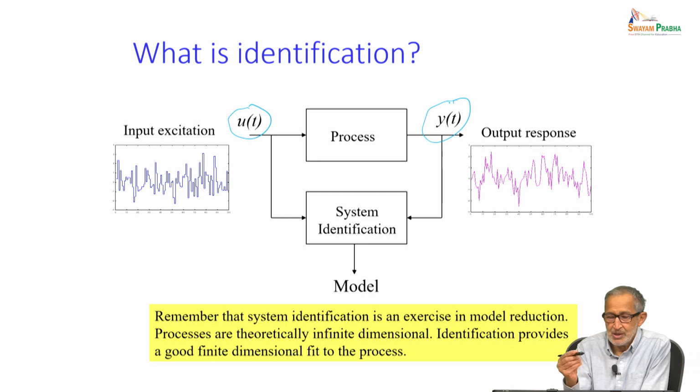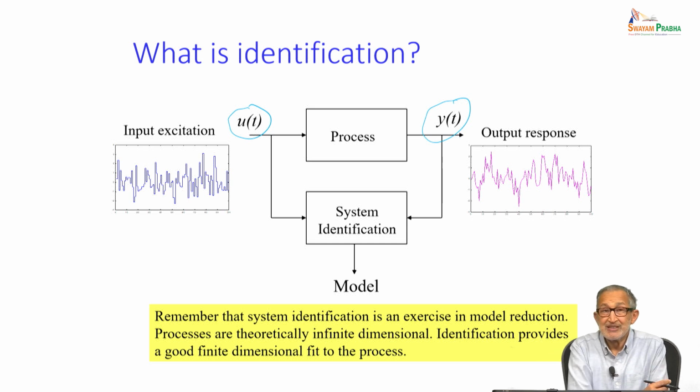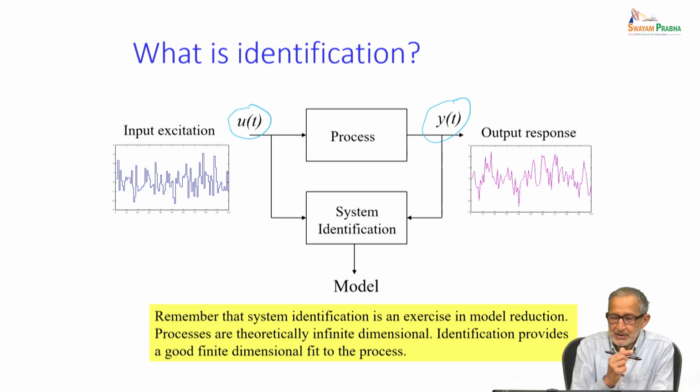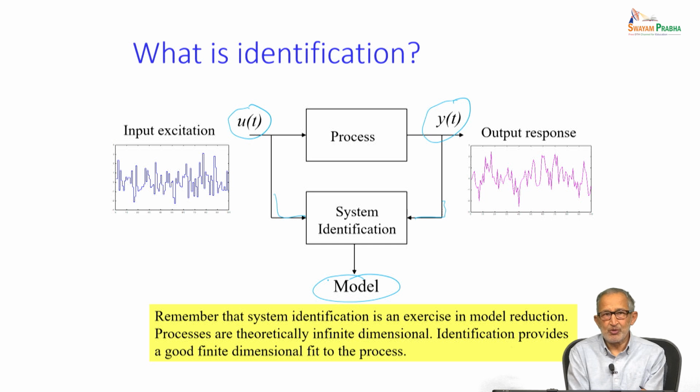In this case, the input is the steam flow rate into the process. The output is the temperature of the fluid in the stirred tank heater. Given the input-output time series, the question to ask is, can we obtain a model of this process?